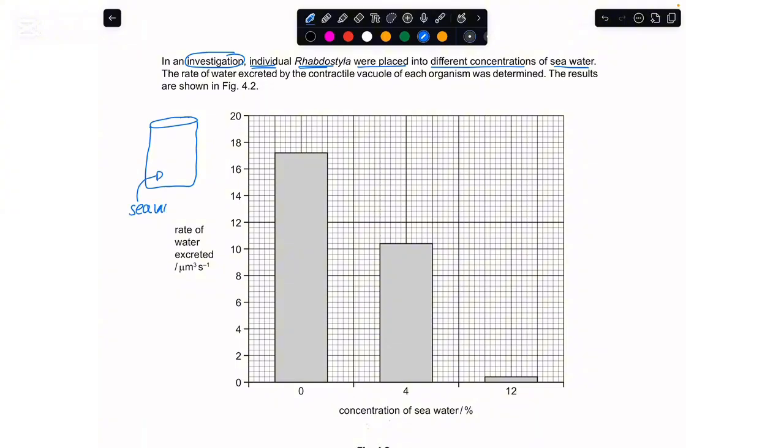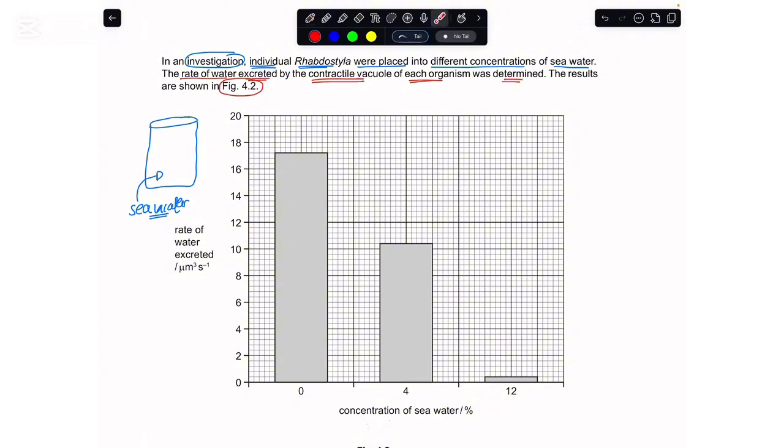And they are changing the concentration of the salt in the seawater, and they are trying to see how the Rhabdostyla would be excreting the water out of them. So they say the rate of water excreted by the contractile vacuole of each organism was determined, and they are showing you the results in figure 4.2.